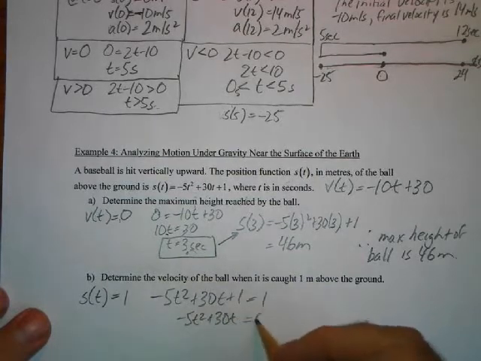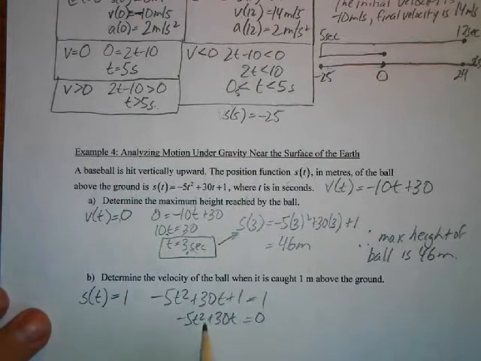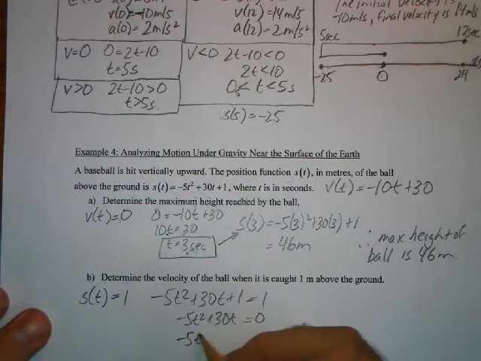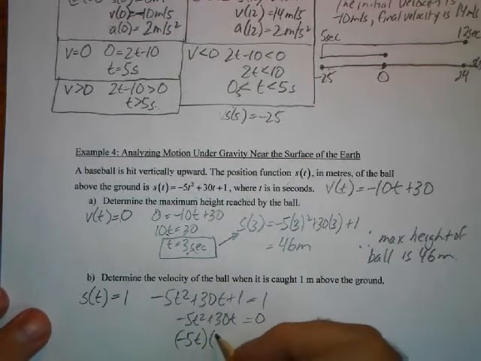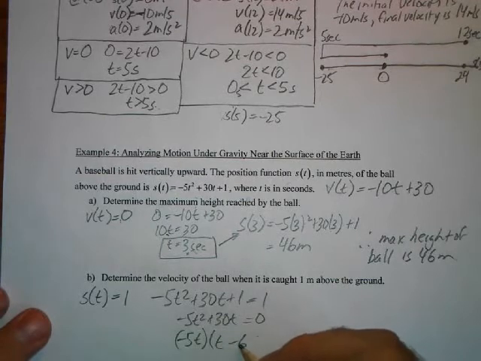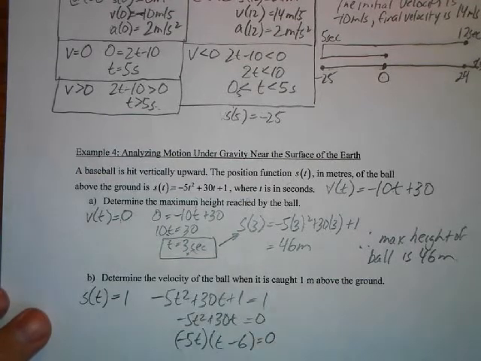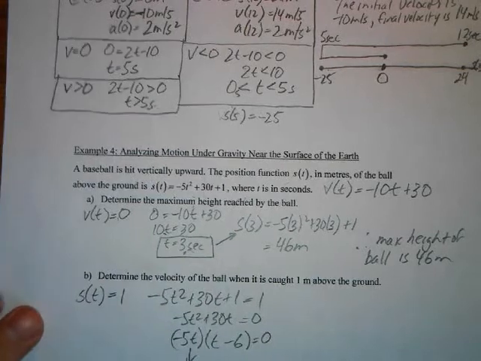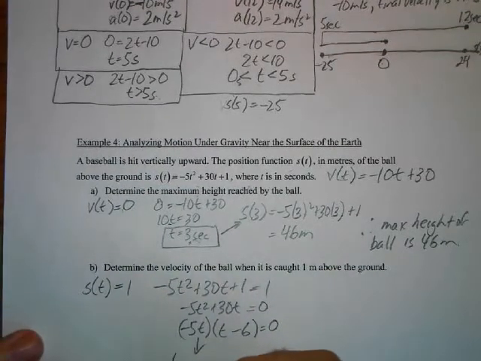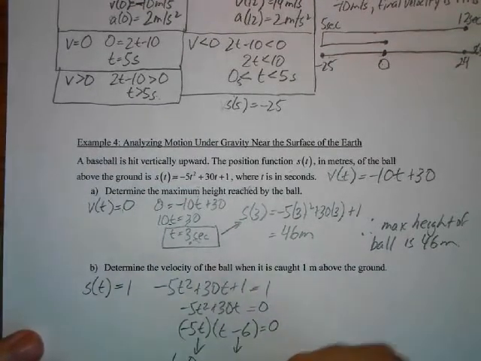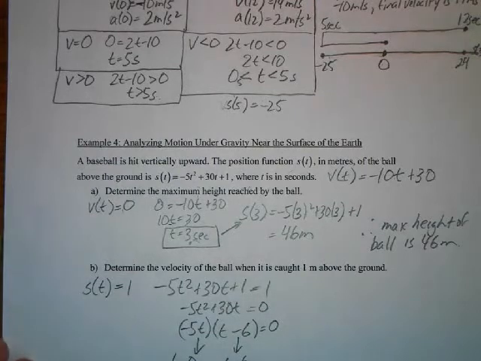And that worked out nicely because now we can factor out negative 5t. And I get t minus 6 equals 0. So when is this true? It's true for t equals 0 and t equals 6. And t equals 0, well, that was when the person threw the ball, right?